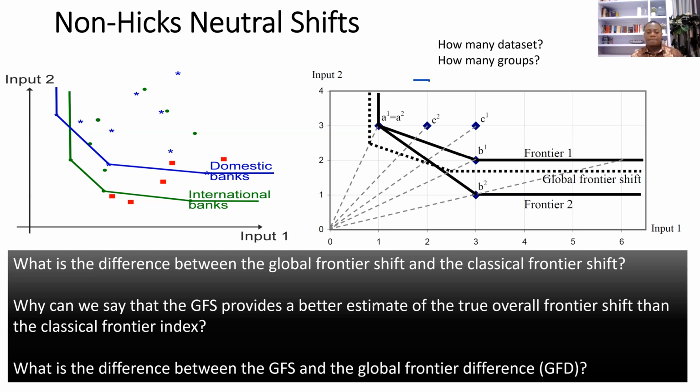Because for the GFS, we compute the global estimation by not doing the estimation between 2 time periods and doing the average. We compute it by doing the geometric means globally.